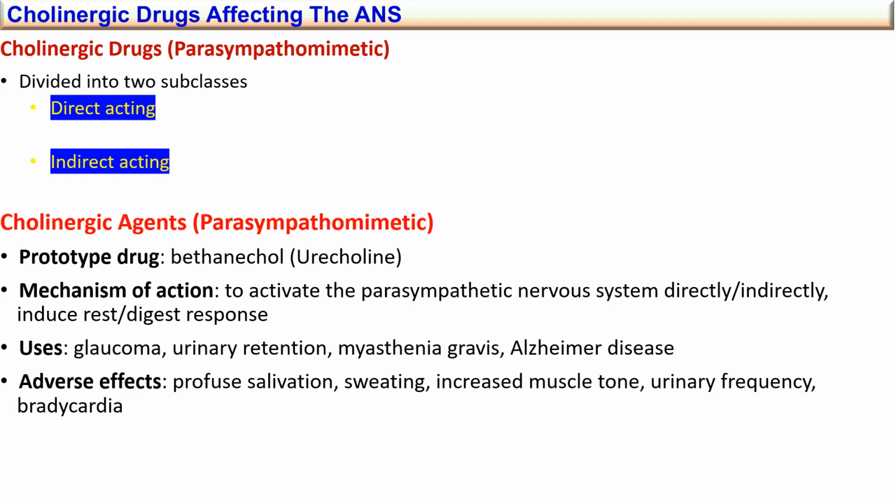The first cholinergic medication is bethanechol. The mechanism of action is to activate the parasympathetic nervous system directly or indirectly to induce the rest and digest response.